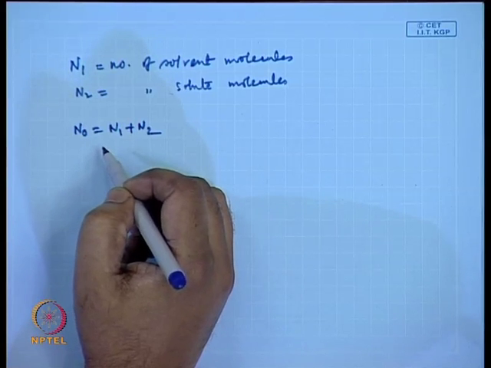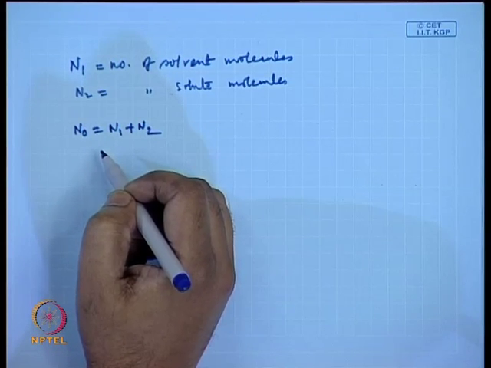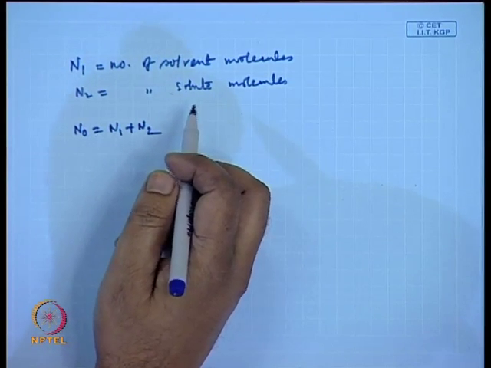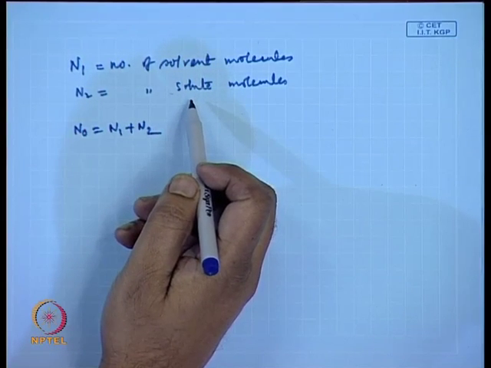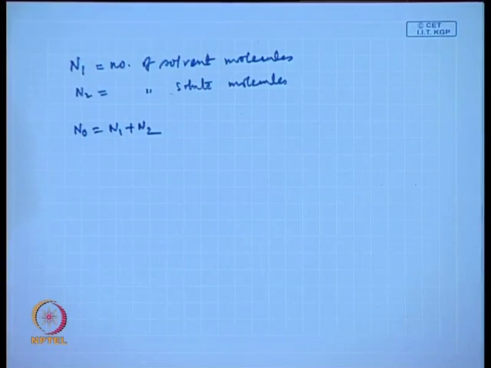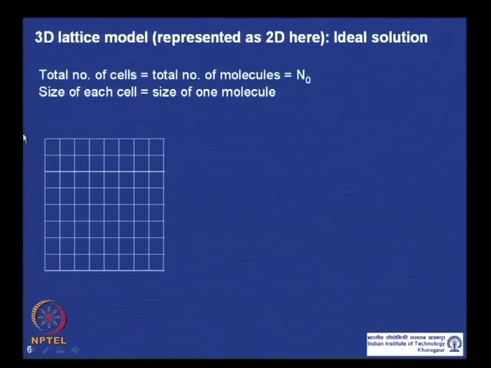Now, we have seen earlier that in an ideal solution, the sizes of the solvent and solute molecules are similar. So, we can have a 3D lattice which has N0 cells, and the size of each cell is the same as the size of one molecule.